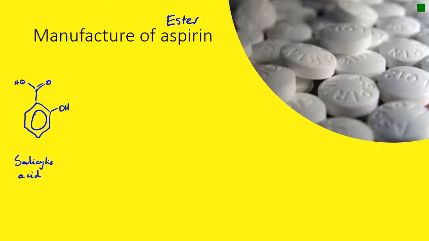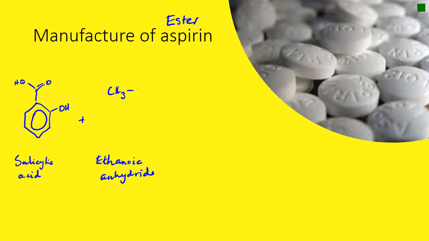Okay, so we're going to do it the same way as in industry. We're going to react it with our acid anhydride, and the one we're going to use is ethanoic anhydride. We're familiar with this by now, and you can all draw this out by now.